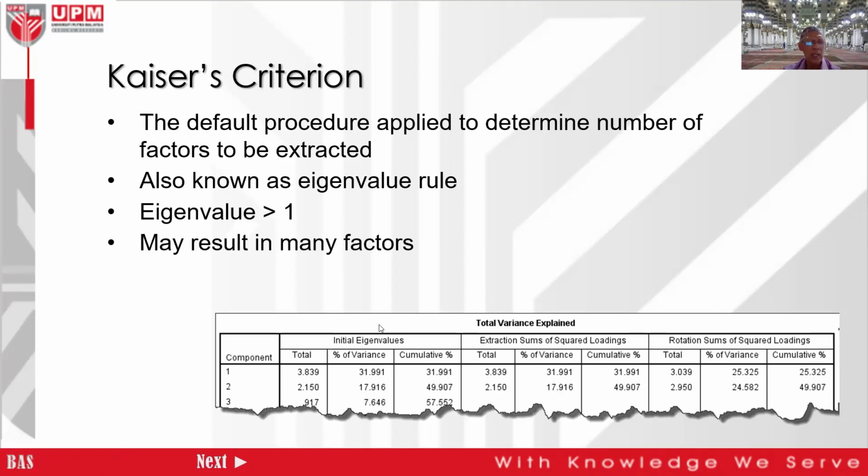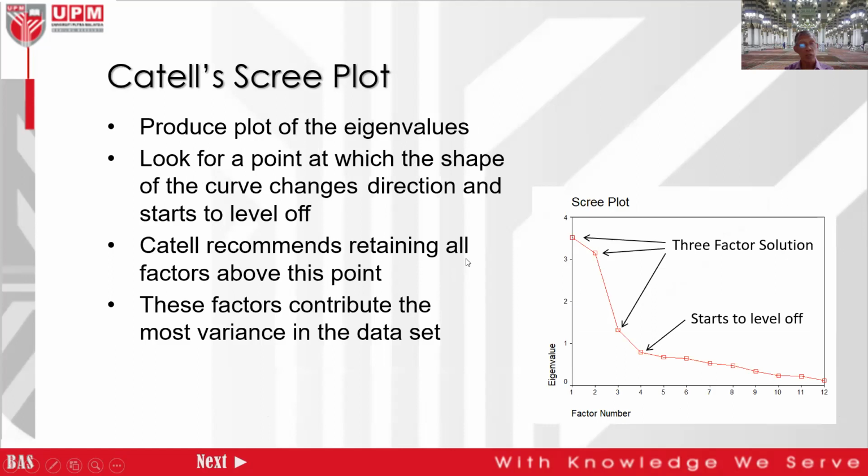If it is less than 1, it will not be considered a factor from your SPSS factor analysis. That is the first method to determine the number of factors to be extracted.